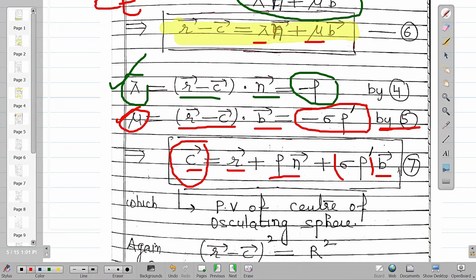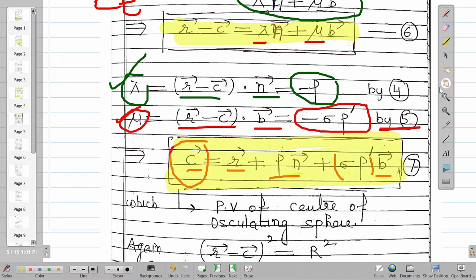C is the position vector of the center of the osculating sphere, and R is the position vector of any point on the curve C. Clear? So that is our required equation. Remember this equation, it is very important for properties, the equation of the osculating sphere. So the equation of the osculating sphere is C vector equal to R vector plus rho n plus sigma rho dash into B vector.